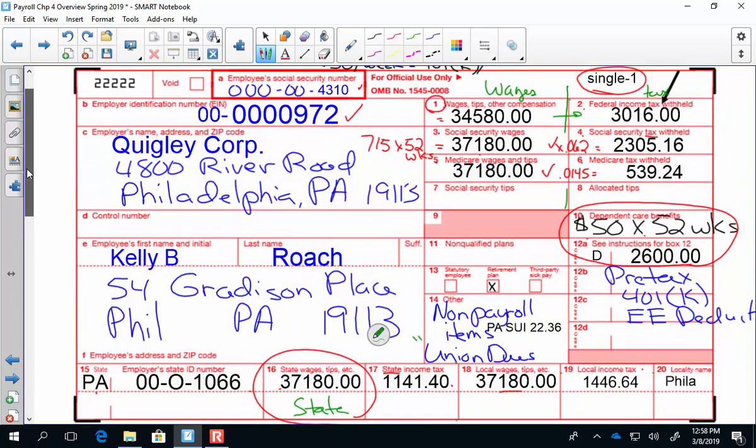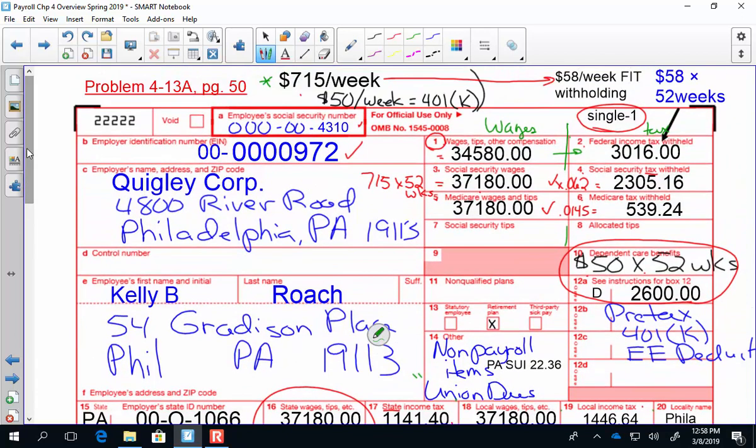Now you'll notice here that if I look at the difference between box 3 and box 1, that is the $2,600. Now, the $2,600 pre-tax deduction is a reduction of the FIT tax only. It is not a reduction of Social Security.